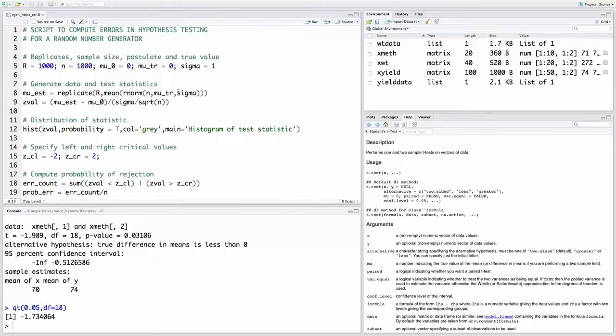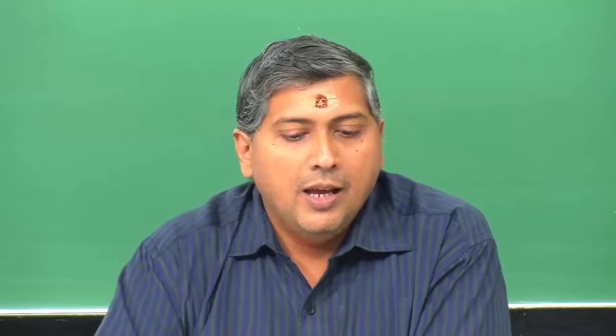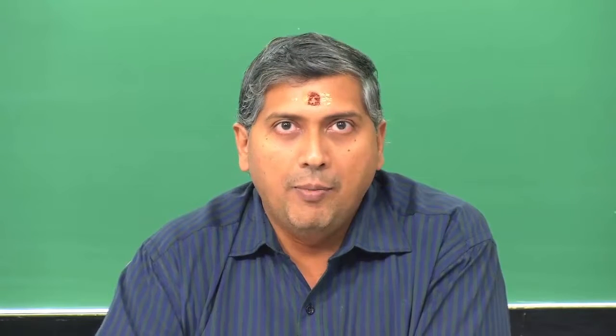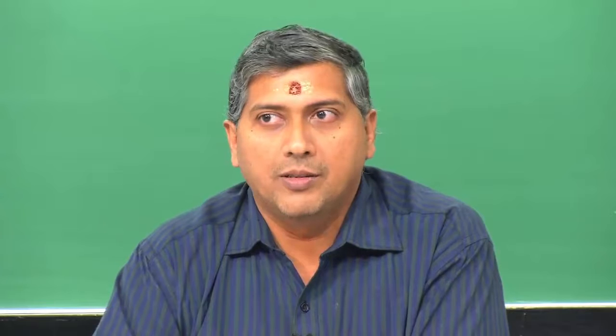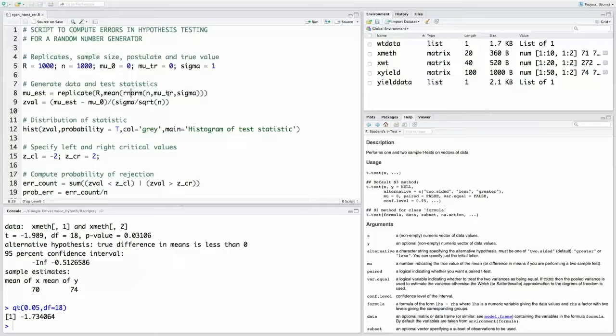In the innermost operation, I am drawing 1000 samples randomly from a very large population that follows a Gaussian distribution of 0 mean and variance 1, and then I calculate the sample mean and I repeat this 1000 times, and that result is stored in mu_est.